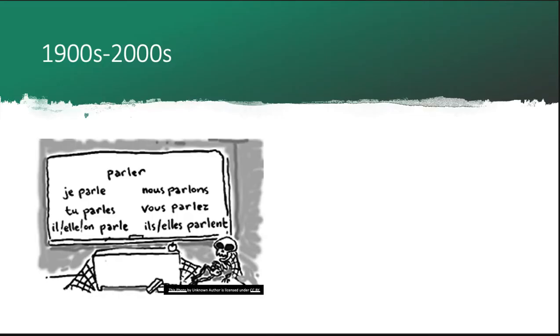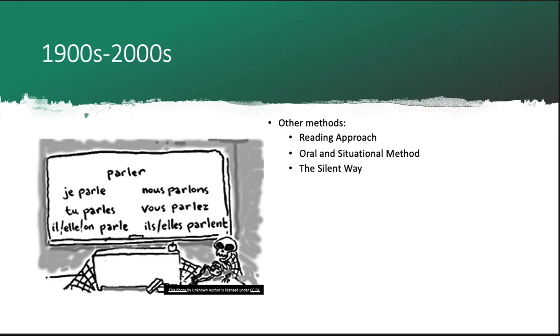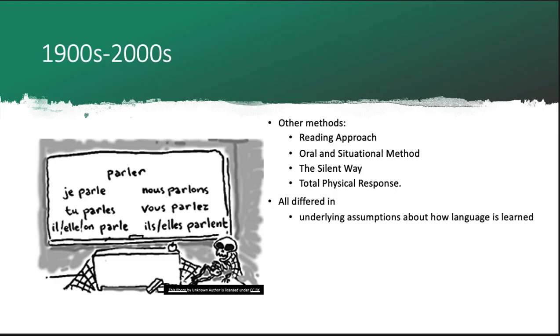Other approaches based on different psychological theories emerged. These included the reading approach, the oral and situational method, the silent way, and total physical response. Each of these methods had different theories about how humans learned language. Each worked with different degrees of success for different teachers and different learners.